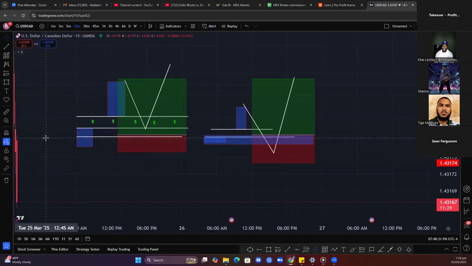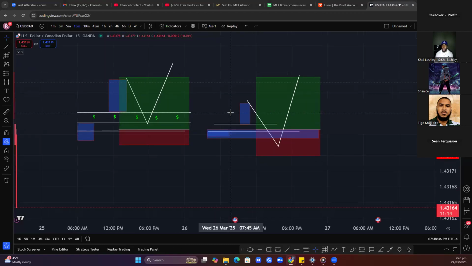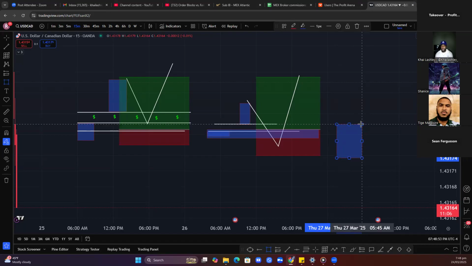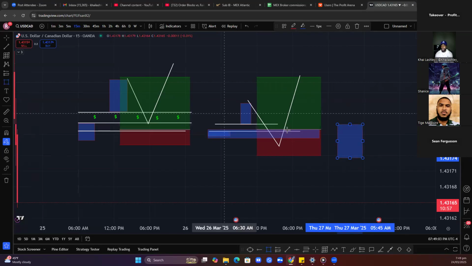Last one, very similar to the fair value gap. So when you experience major areas, where you see a massive order block, that may be a case where you're on a 4 hour time frame or something like that, where you're looking for price to trade into this area here.